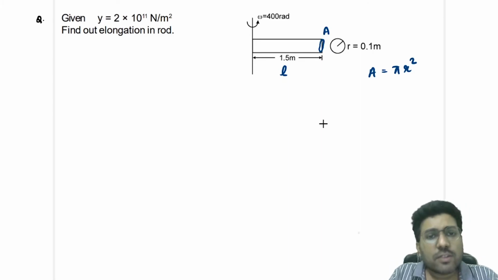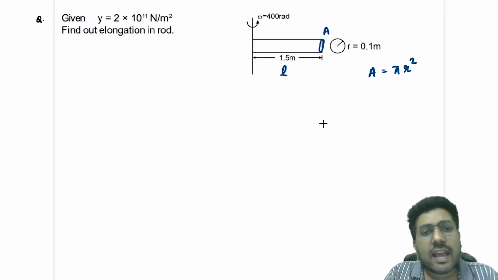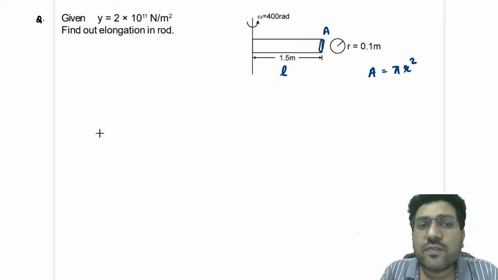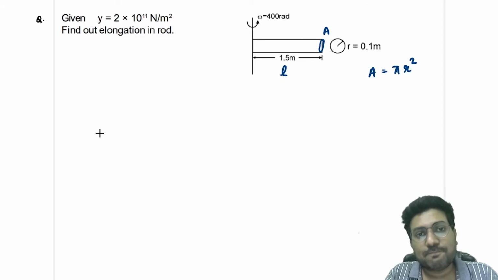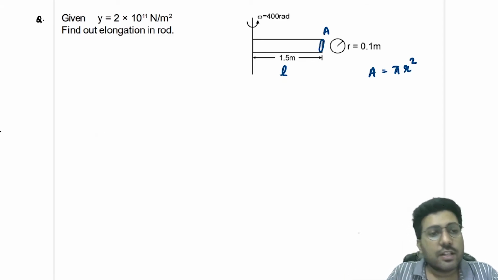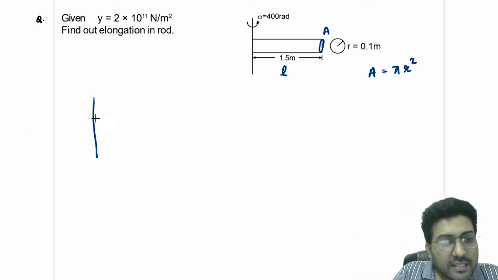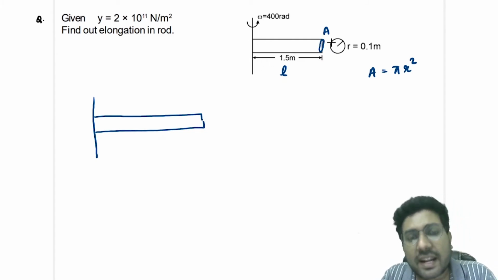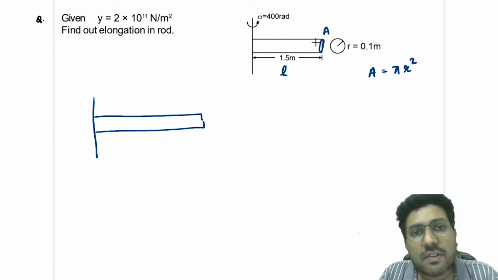Okay, we need to find the elongation in the rod as soon as it starts rotating with an angular velocity omega. So what you have to do here is, first we have to find the tension at each point. Because the radius of every element is different, definitely the tension will be different.